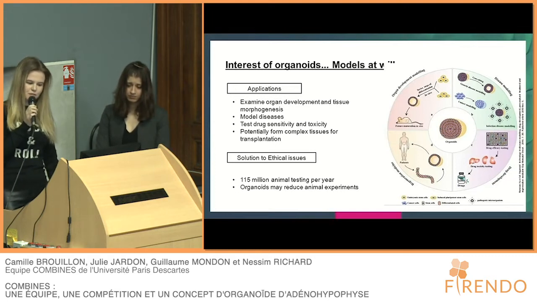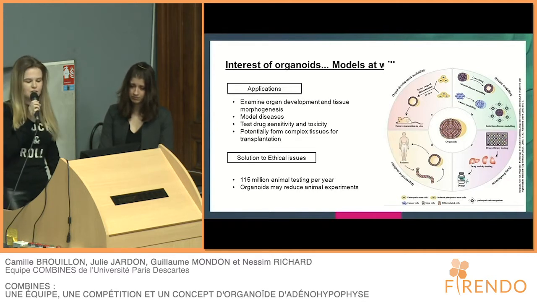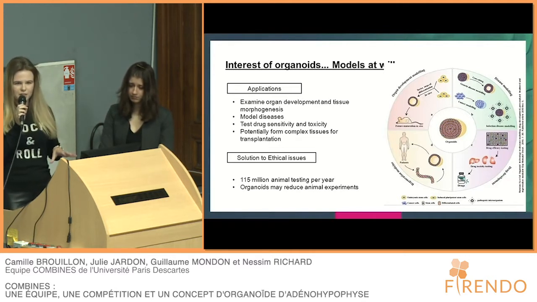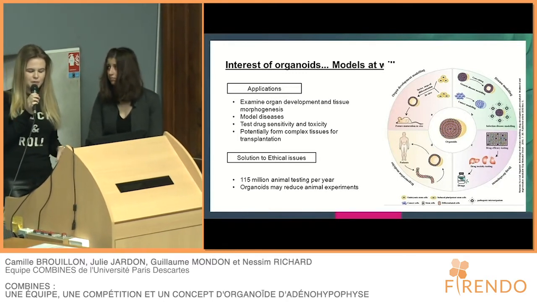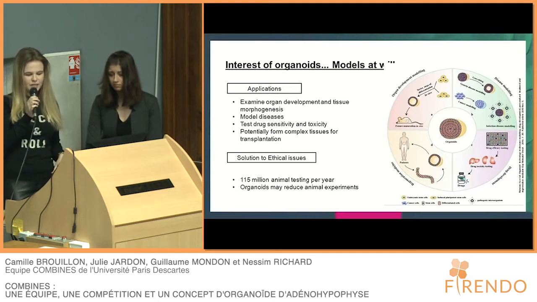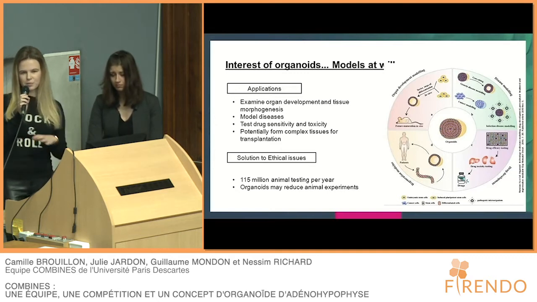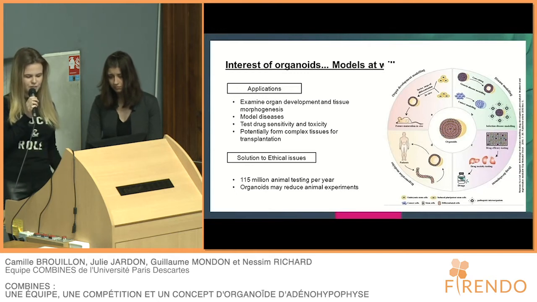But we can also use these organoids in regenerative medicine. We can obtain organoids derived from patients, and we can use the IPS to restructure some tissue and then transplant it in the patients to restore the biological functions.